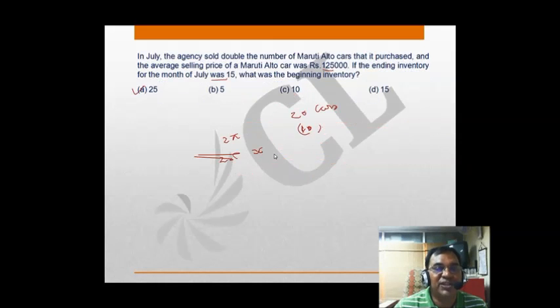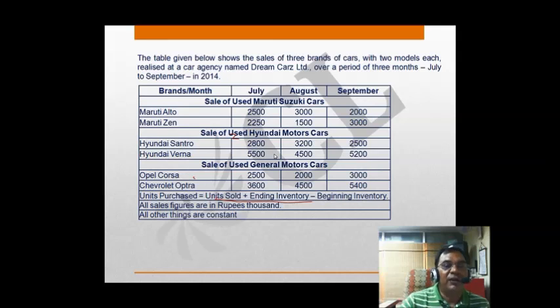These silly mistakes do take place because the answer was not there. That made me analyze that I've done something wrong. Okay, so July is 250 and 280. 250 makes it 375 plus 280.